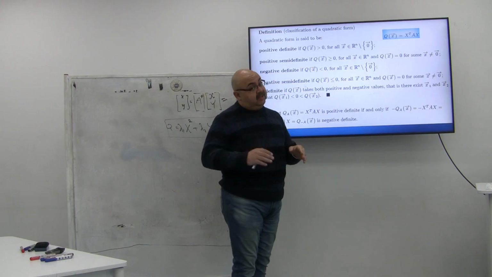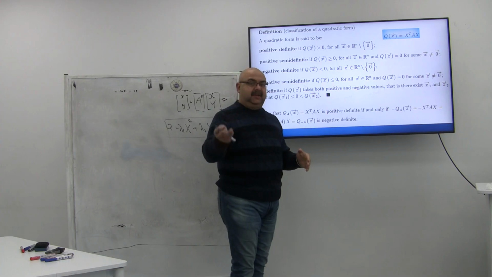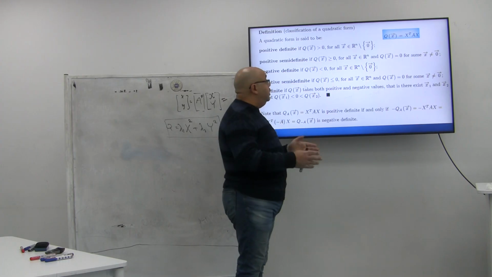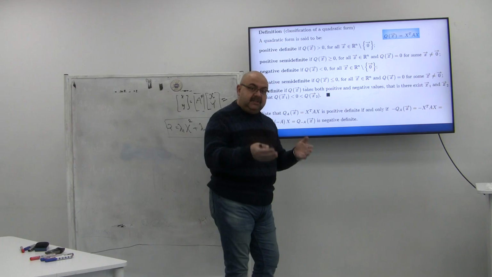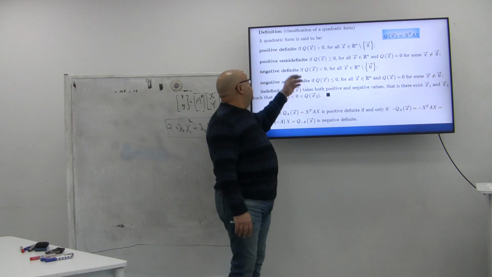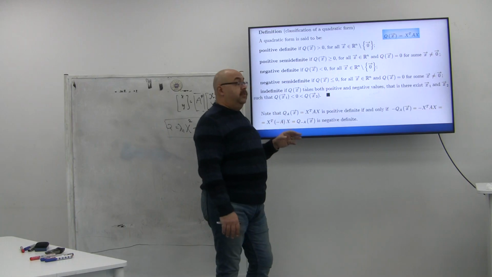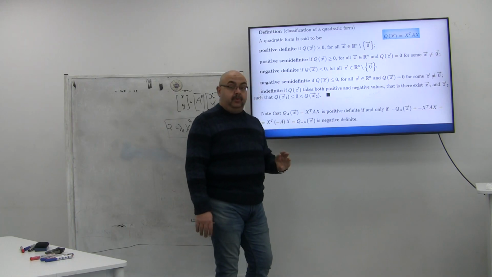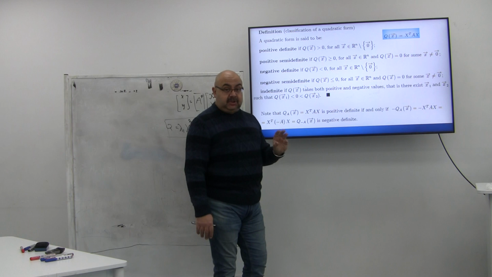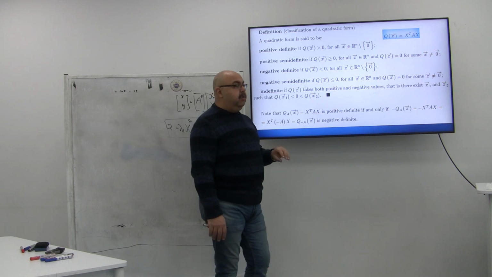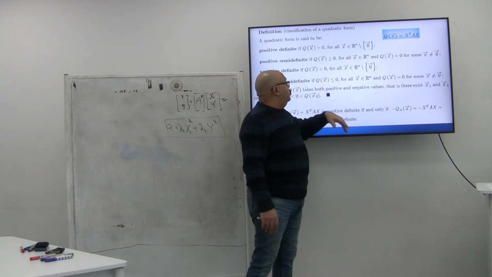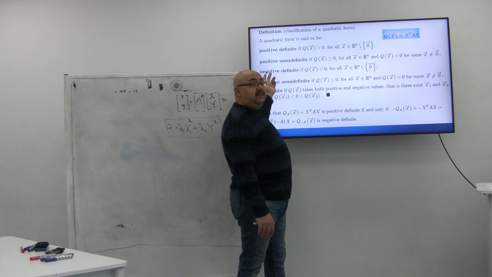That has huge applications in maximizing or minimizing certain functions down the road, not in this course, but in other courses or other applications. Positive semi-definite will happen if Q of x, the value of the quadratic form, has positive values or values equal to 0 for all values of x which belong to R. Of course, negative definite will have all negative values.